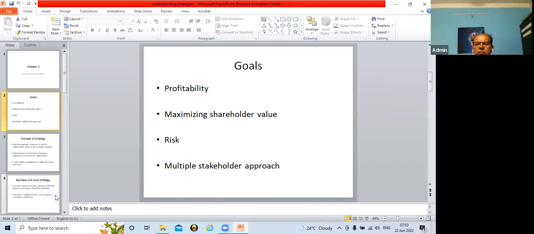There may be a question in a university examination: discuss the applicability of strategy in respect of enterprises. So applicability of strategies, at unit level or corporate level, that point you are supposed to mention in this particular question. Or there might be a question: how are strategies being planned in enterprises?